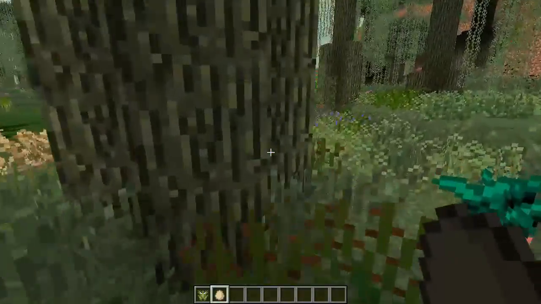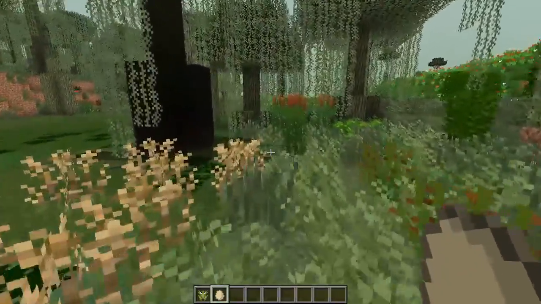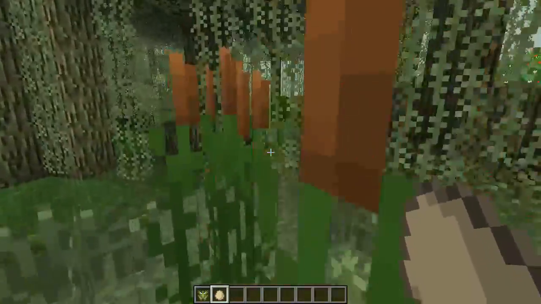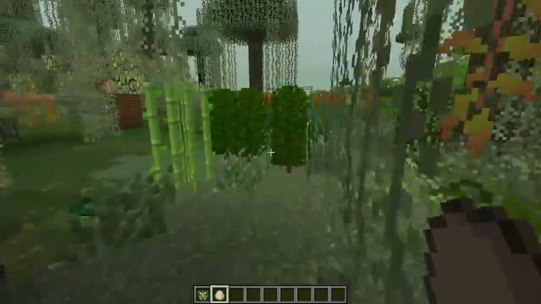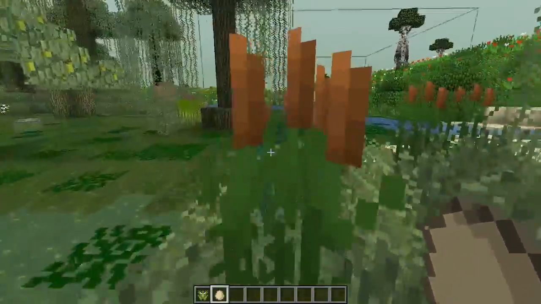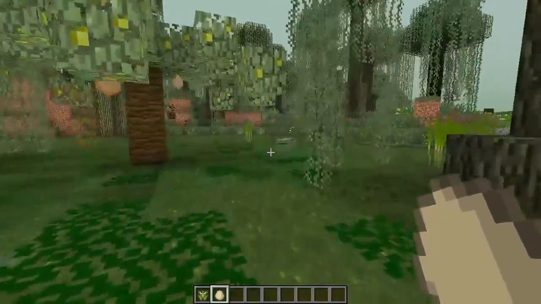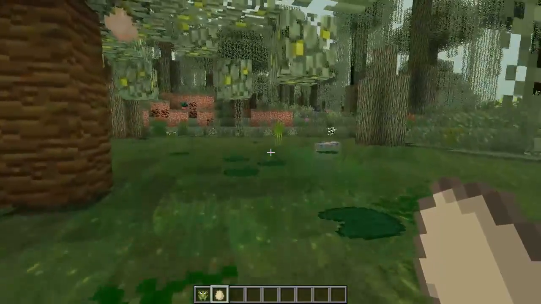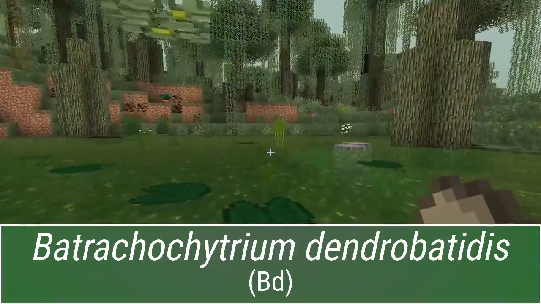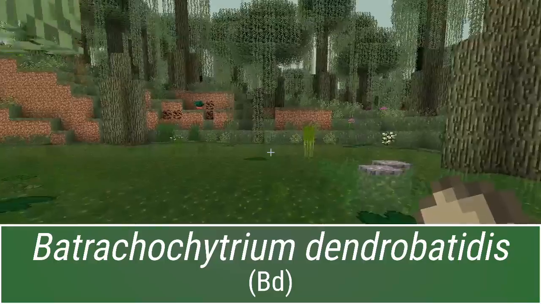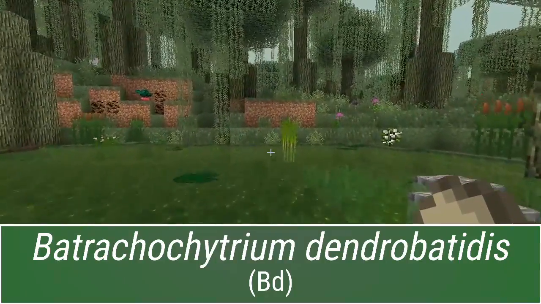While at university, I was lucky enough to work in a lab that studied frogs. In particular, this lab studied how a particular fungus may interact with frogs. This fungus is called Batrachochytrium dendrobatidis, or BD for short, and it's in the chytrid family.